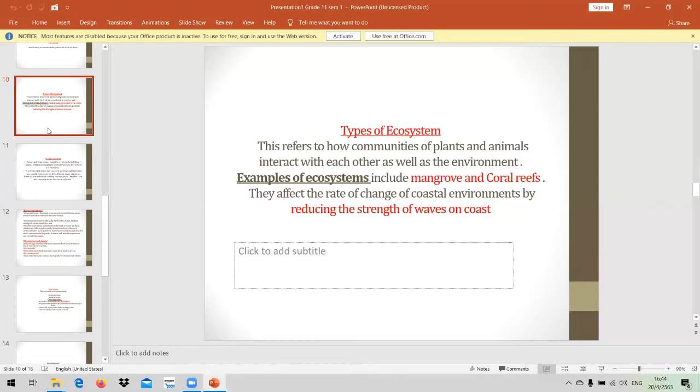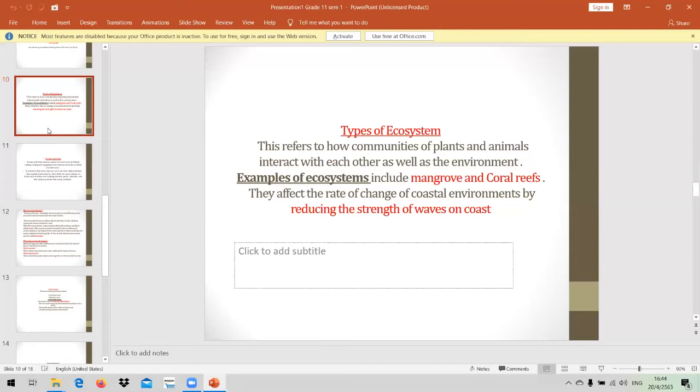Examples include the mangrove and the cliffs or the coral reefs. They affect the rate of change of coastal environments by reducing the strength of waves on the coast.